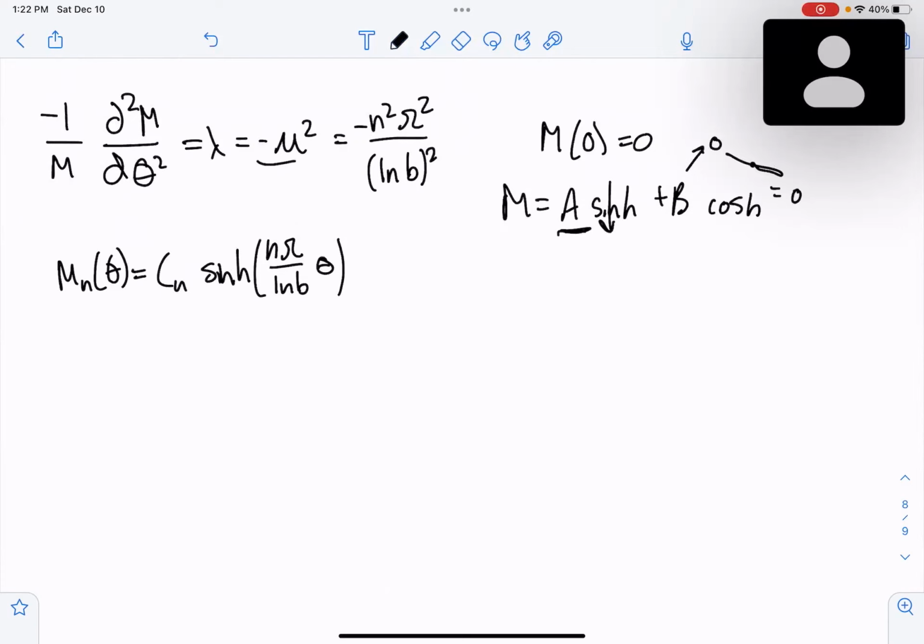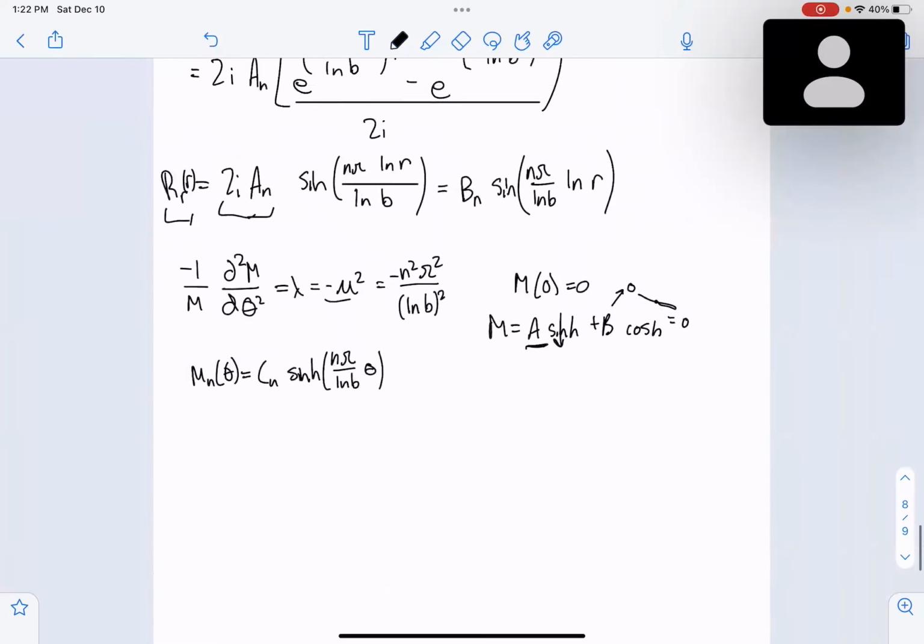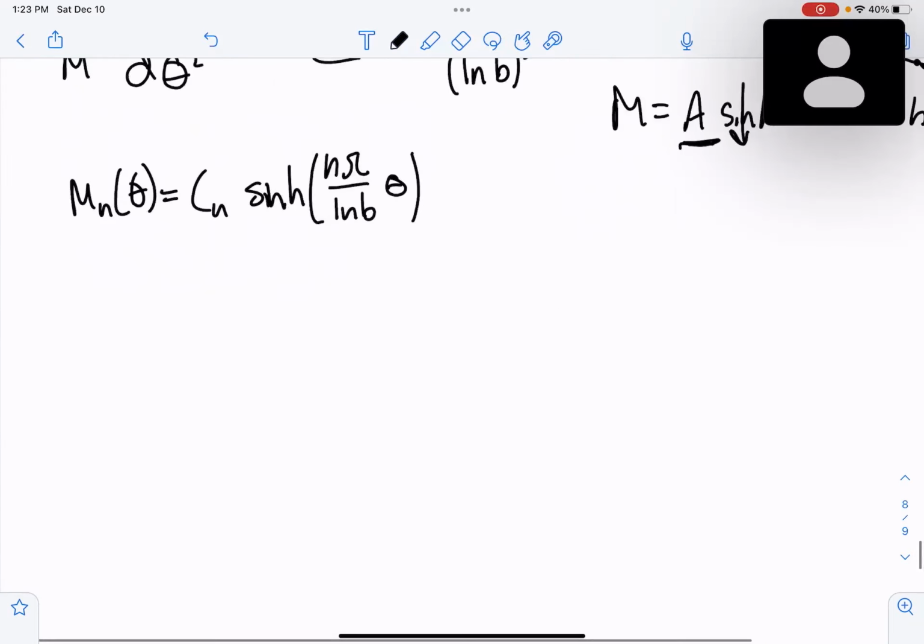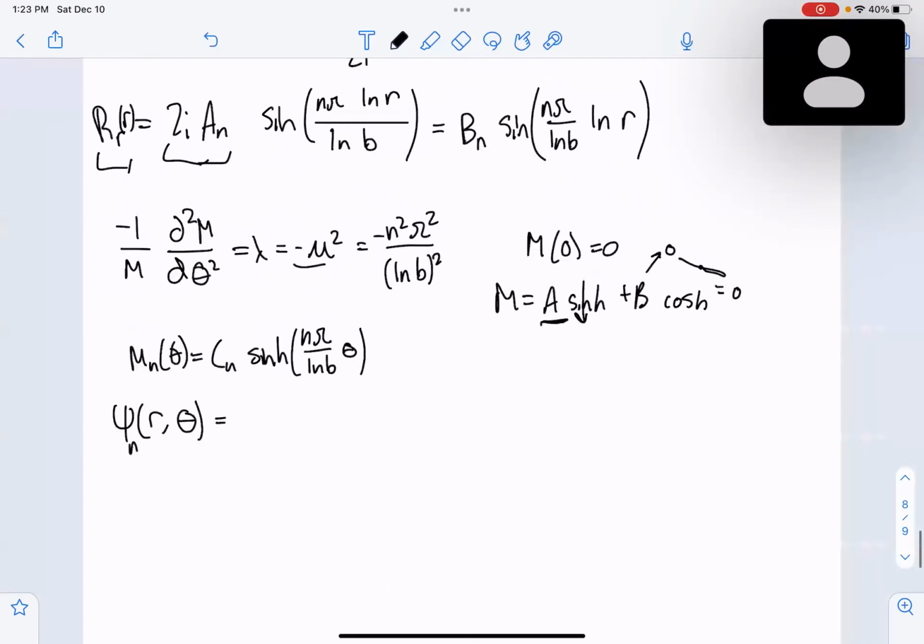But yeah, so now that we have this, we essentially have everything we need to plug back into our initial phi here, phi of r theta, let's say phi n. We'll just write out the terms separately. We're going to, again, combine b_n and c_n here into d_n. We'll get d_n sine of n pi over ln b ln r, sinh of n pi over ln b theta.